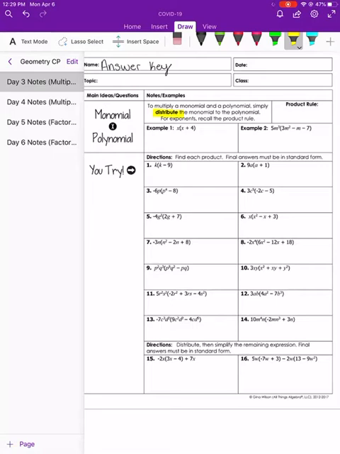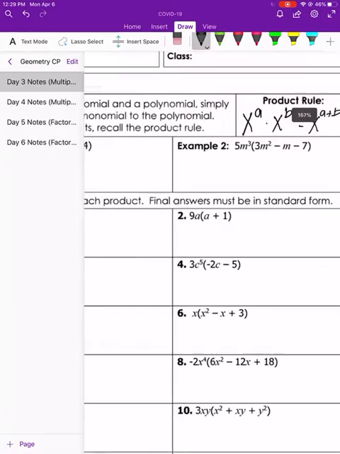And then for exponents, I want you guys to recall the product property rule. So what this rule states is that if I have x to the a times x to the b, this is x to the a plus b. So all you're going to do is add those exponents.